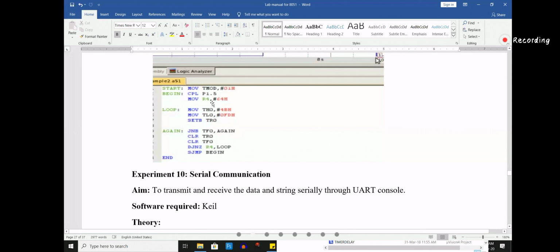In the first loop, when R4 equals 1, let's say, it will send that value, and the timer runs, then it will check TF0. It will count. How many times will it count? 100 times?